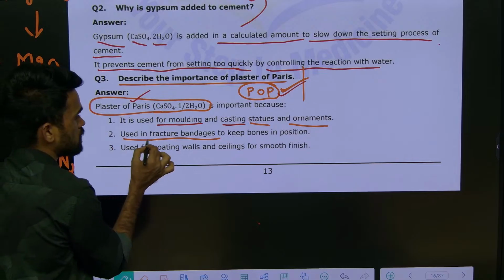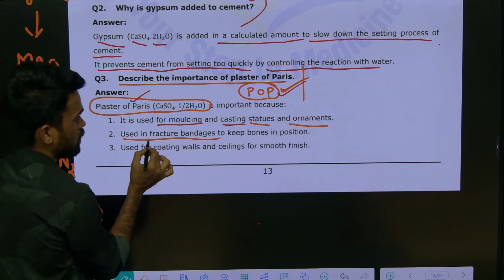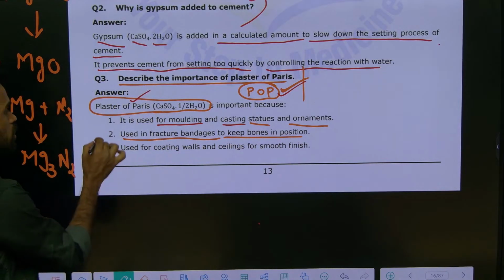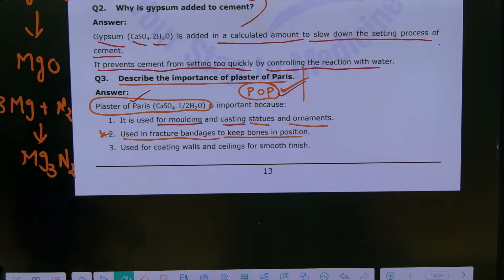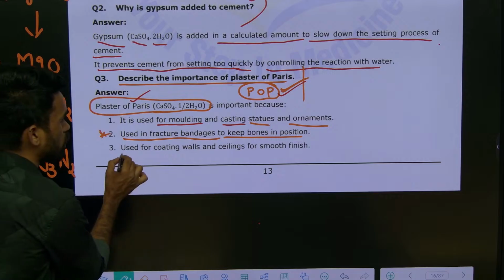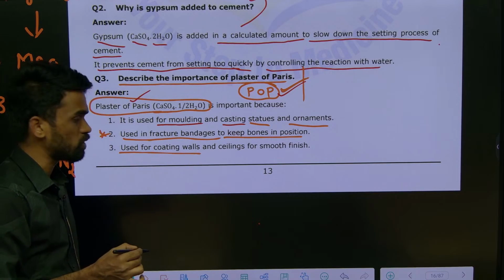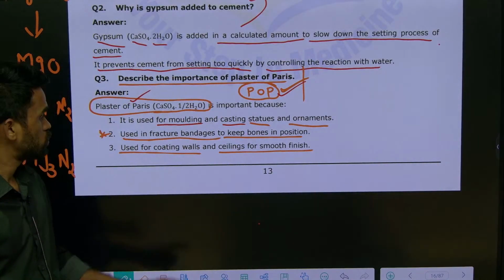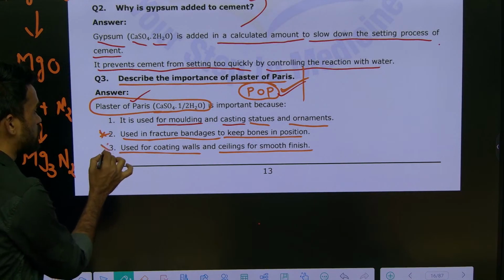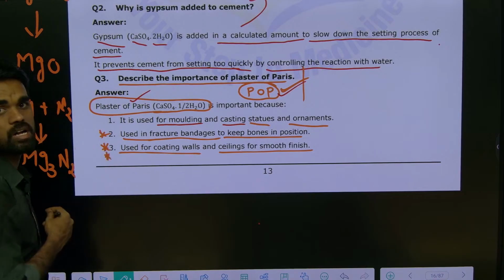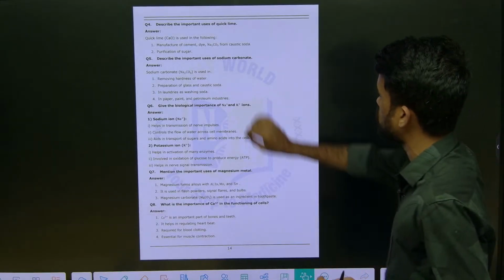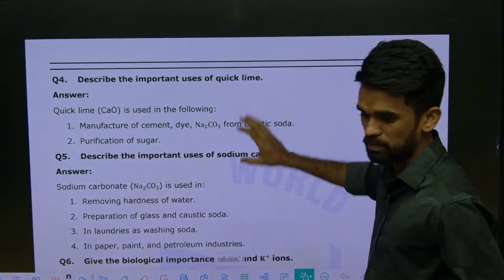This is an important thing. The next one: it is used for coating walls and ceilings for a smooth finish. You might be very familiar with this application too. These are some important applications of plaster of Paris.